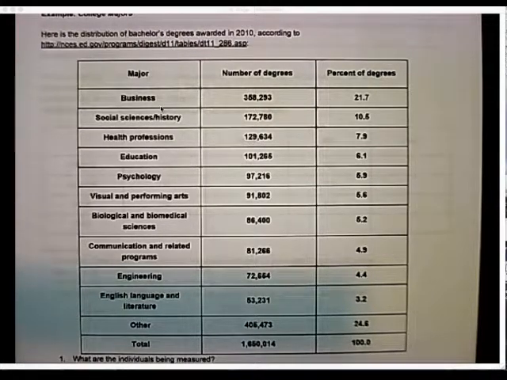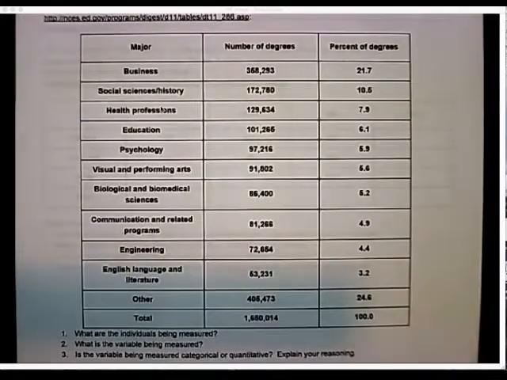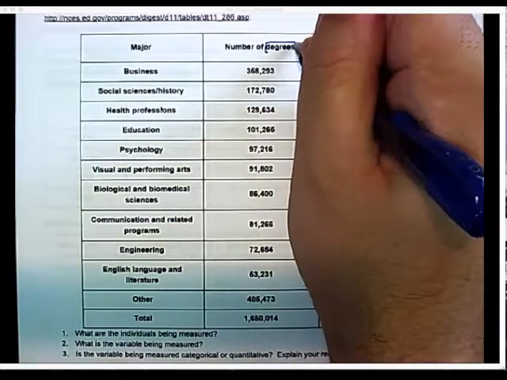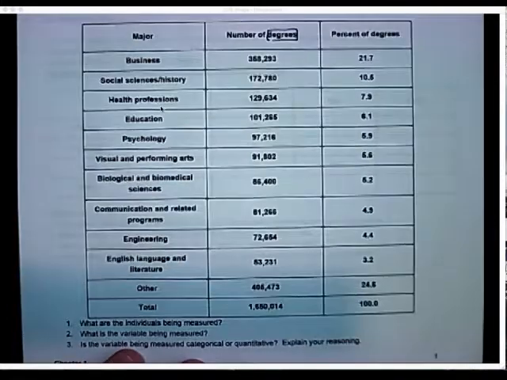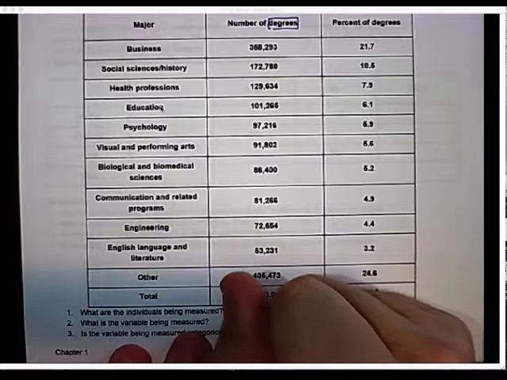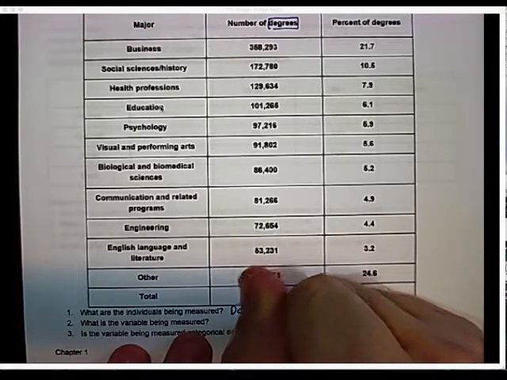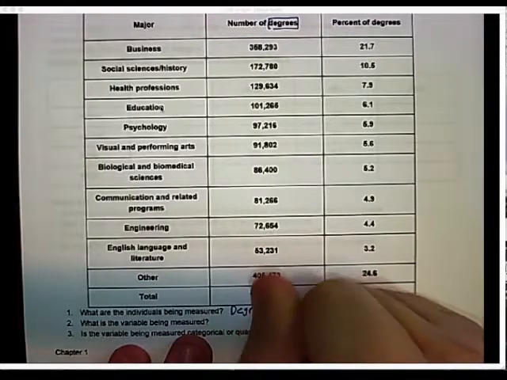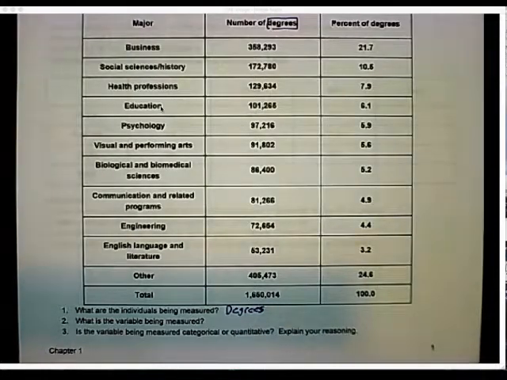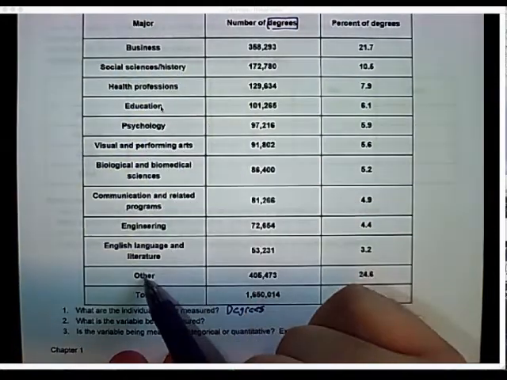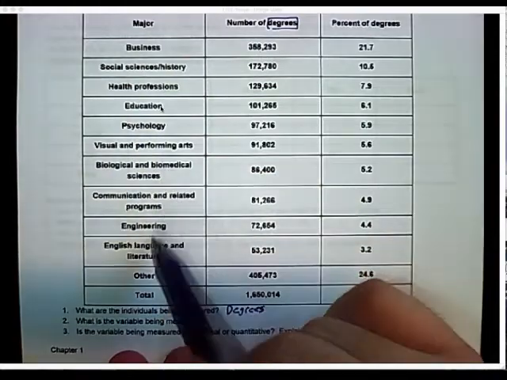So what are the individuals being measured? You might think it's students, but it's actually not students. What's being measured is the degrees. How many degrees were awarded? So the individuals being measured are degrees. Now for each degree, it's broken up into a certain type of degree. Here are the types of degrees.